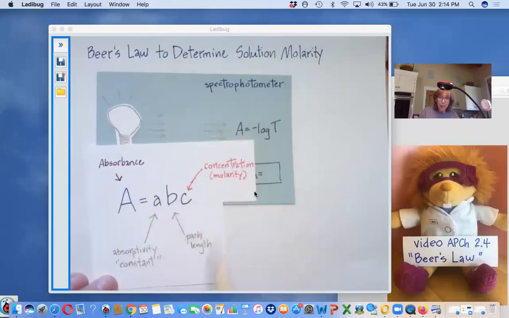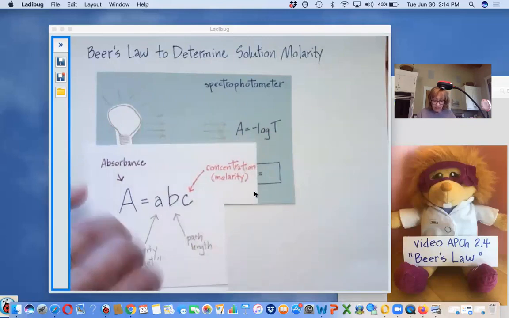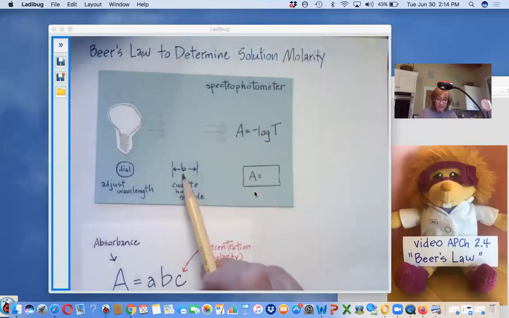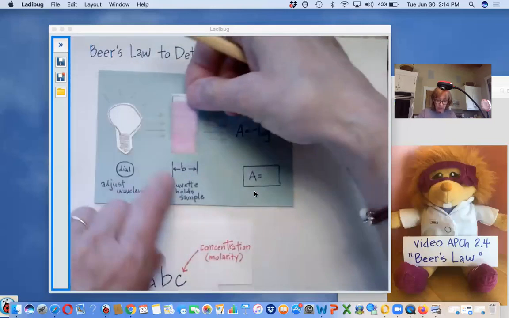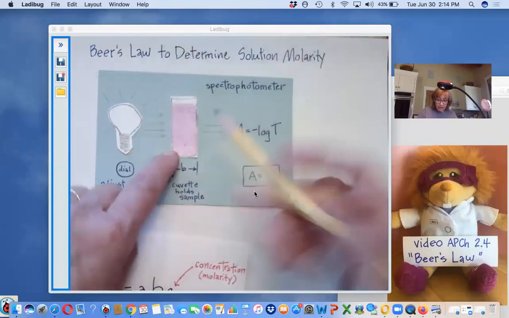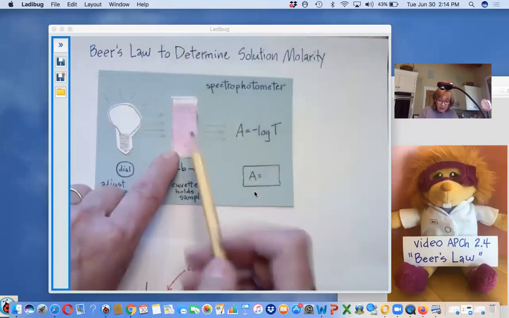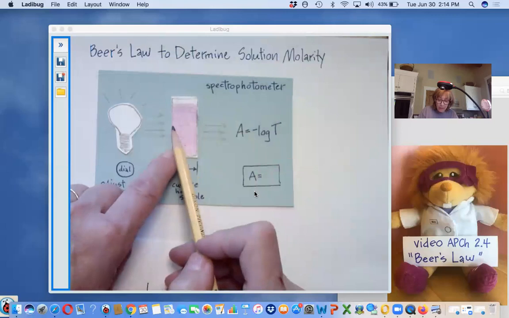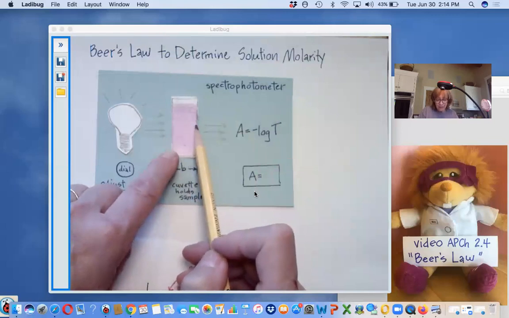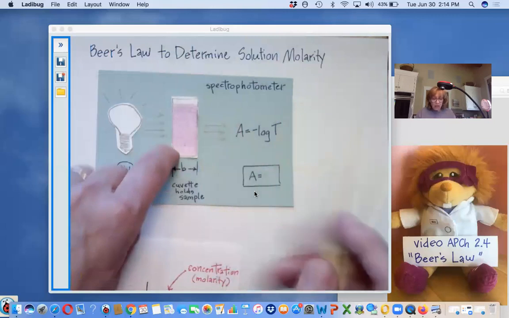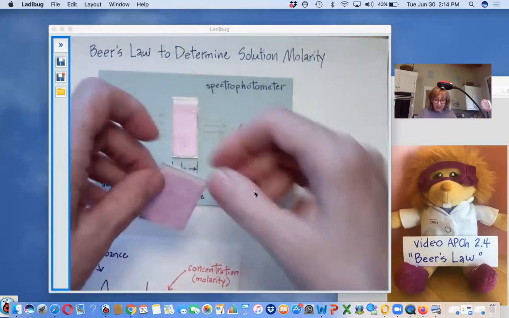B is the path length. Let's talk about that for a minute. So the cuvette that you put into the machine has a fixed width, and that is literally the length of the path that the light must travel through to get to the other side. So notice that I've got a second sample here.